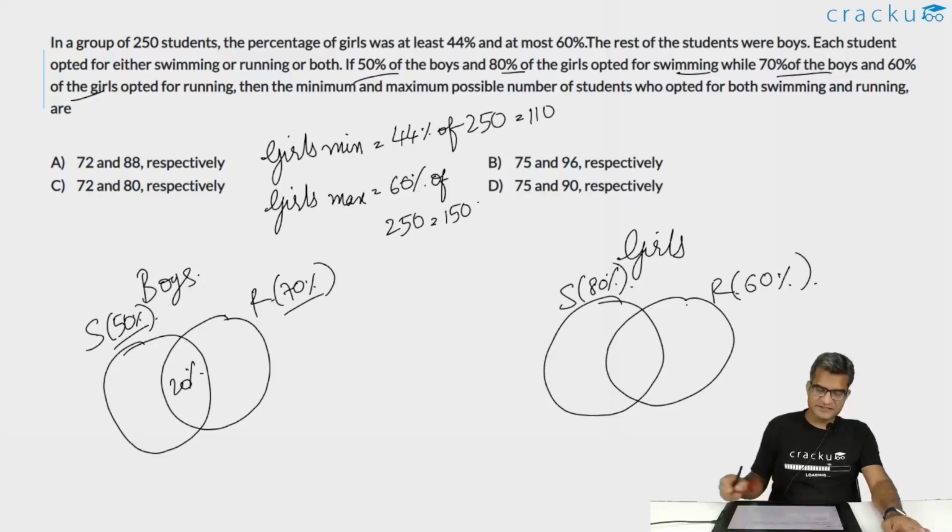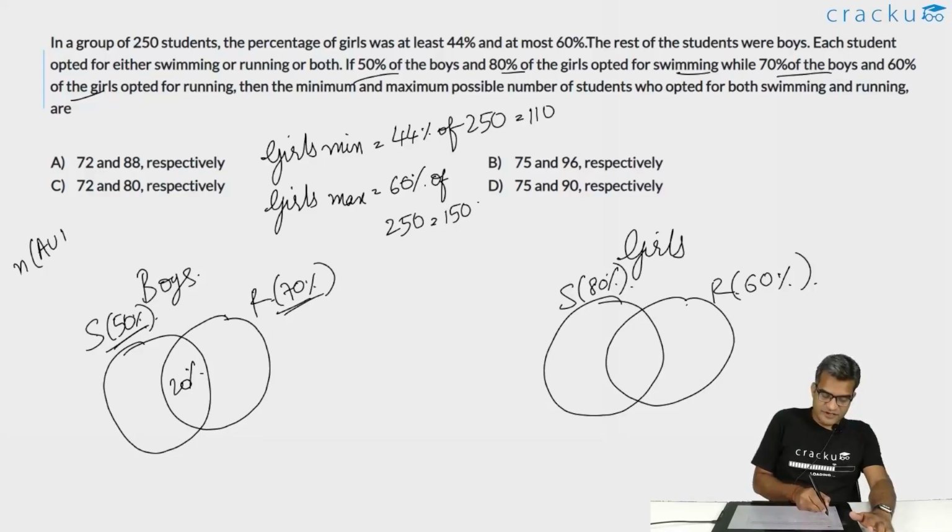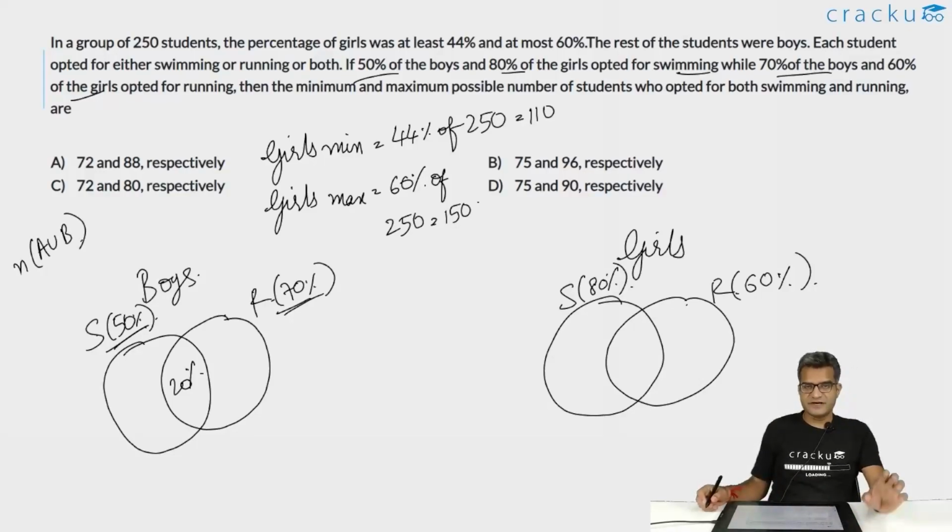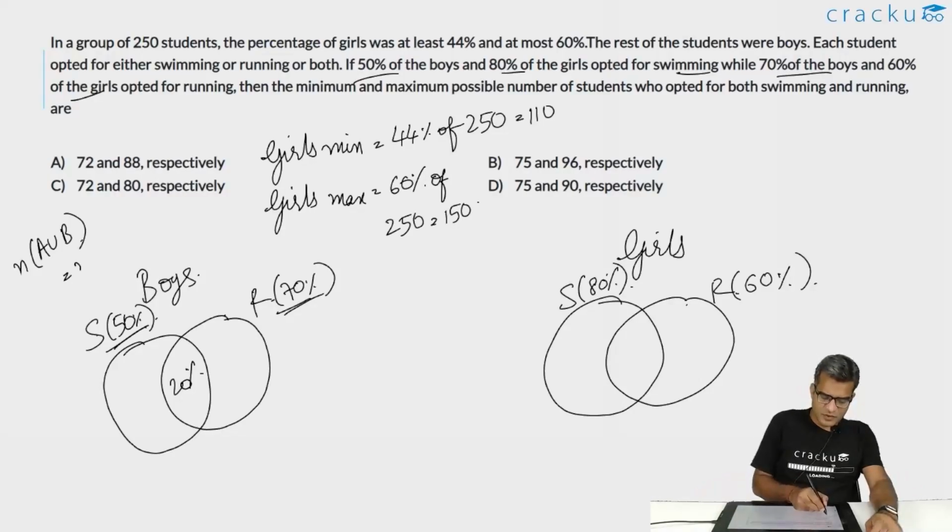Why is that the case? Because we know that if you are given 2 parameters, the number of people who opted for both will be the sum of these two minus 1. You know the formula that n of A union B, that is, if you have 2 parameters and we are trying to calculate how many of them have done at least 1, is equal to n of A plus n of B minus n of A intersection B. What does this mean?